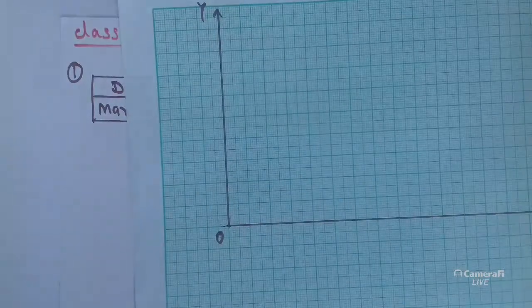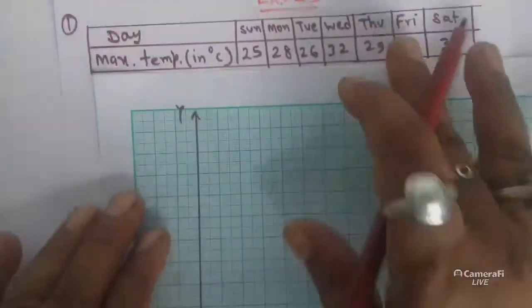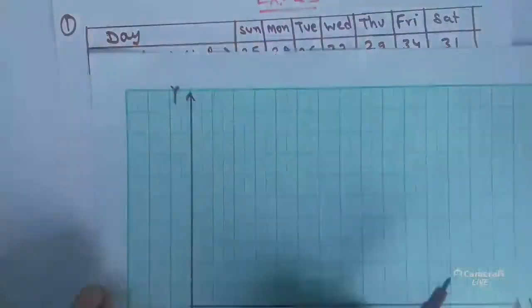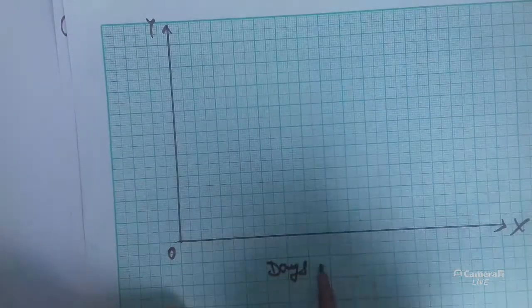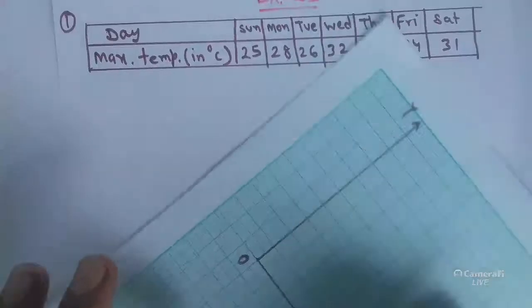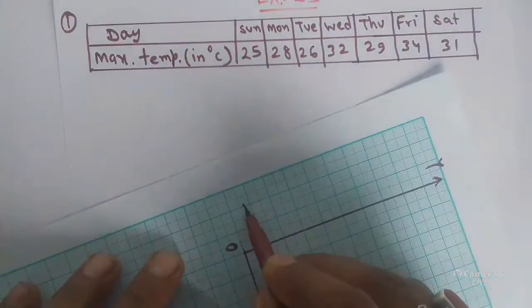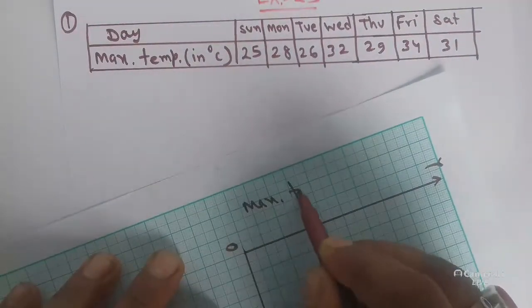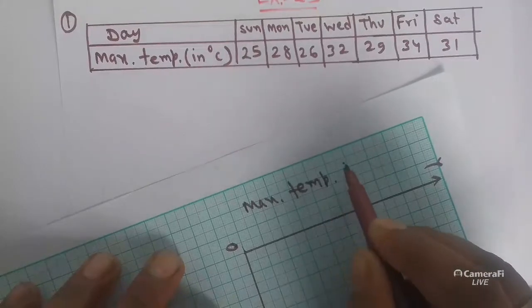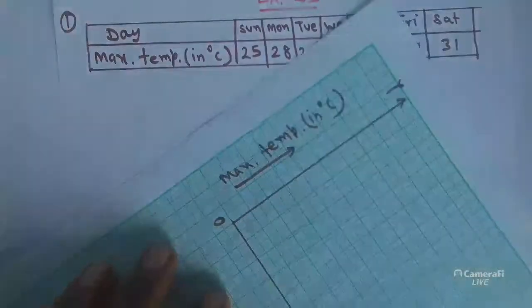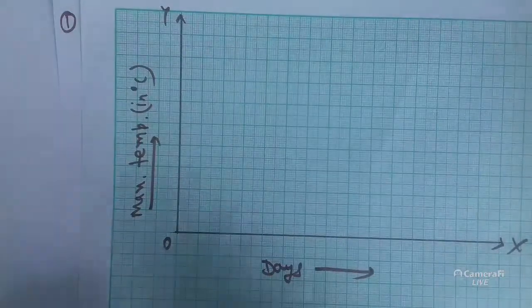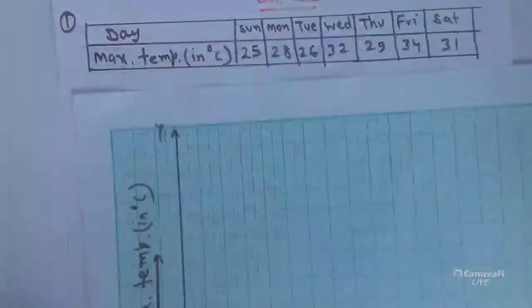Now according to the given data, we have to take the days along x-axis and along y-axis we have to take temperature, the maximum temperature in degrees centigrade.